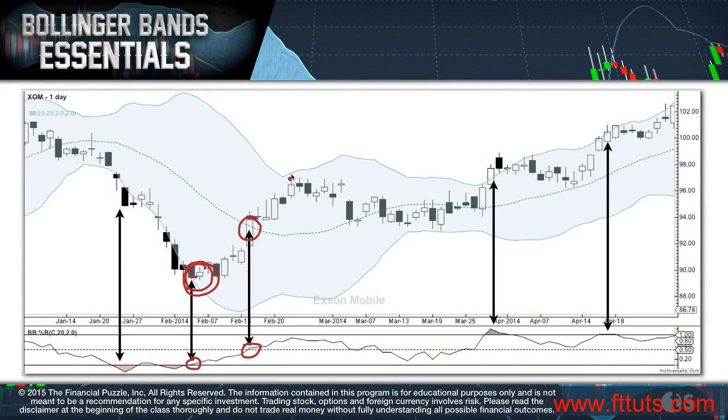And then if you cycle up here to the top, notice right as you're at the upper band, well, this closing price was a little bit below the upper band, but right as you're up at the upper band, you're up towards the 1 reading on the oscillator. We bounce back down to the 0.5, or back to the middle, I should say. Now, if you come over to the right side, notice the extremes that we've got.